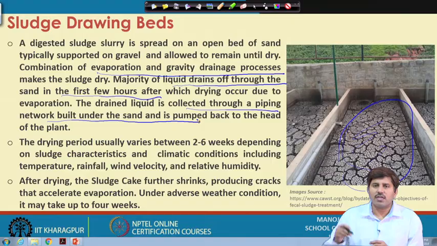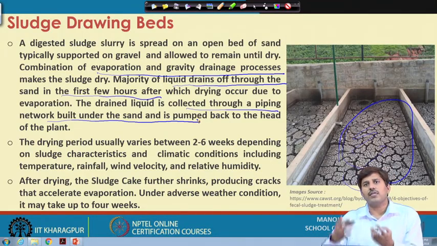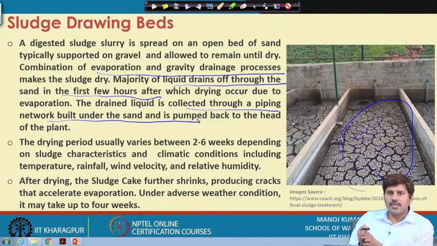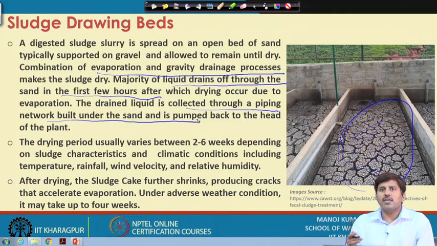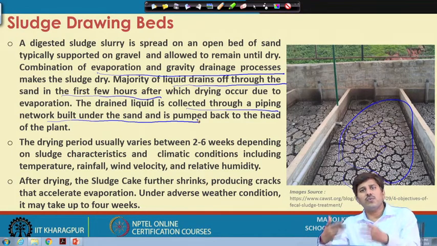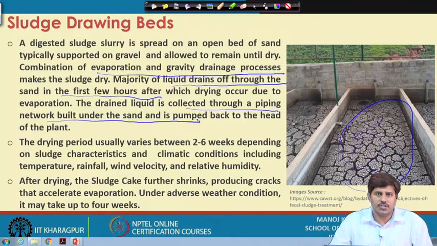Because it is contaminated water coming out of the sludge, it is channelized back and recycled at the entry point of the sewage treatment plant, typically to the primary sedimentation stage. The solid part is then left there for quite some time, and since the major liquid drainage has already taken place, the rest of the drying is primarily due to evaporation.